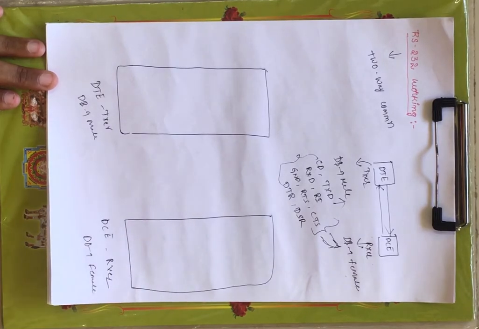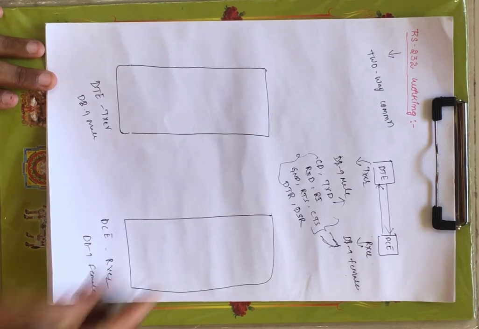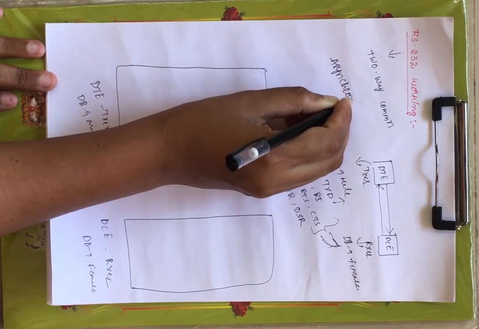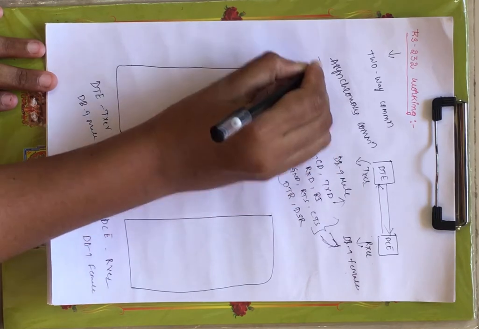Now let us see how this protocol is used to transmit the data from DTE to DCE and also from DCE to DTE serially, right? And this supports asynchronous communication. What is meant by synchronous communication? What is meant by asynchronous communication?